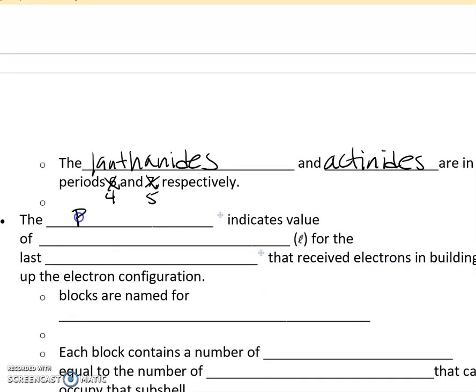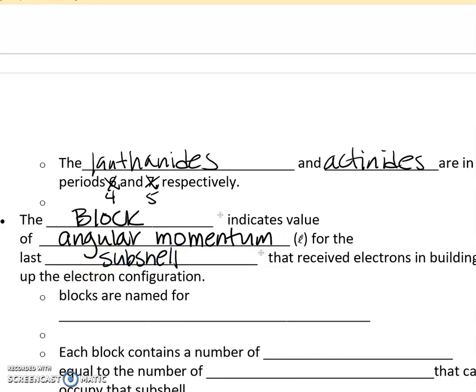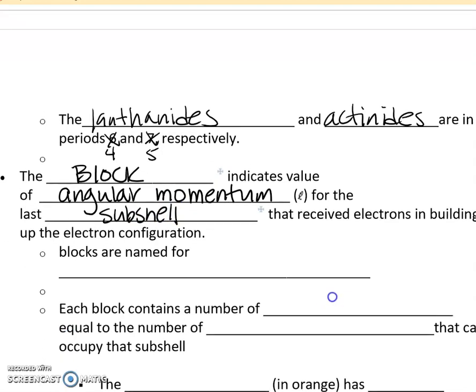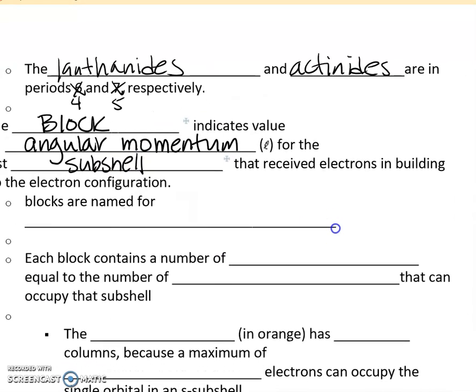The block indicates the value of our angular momentum quantum number for the last subshell or sublevel when we build up in electron configuration.